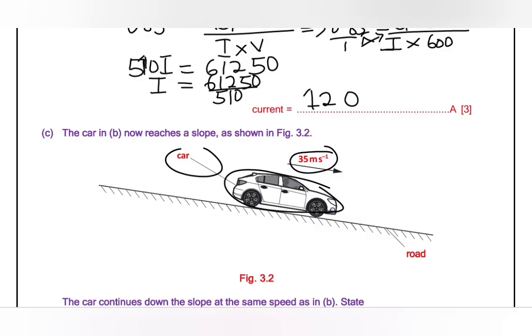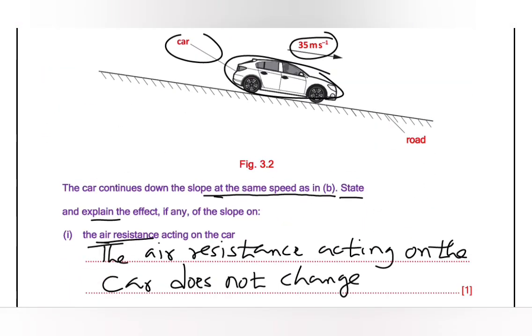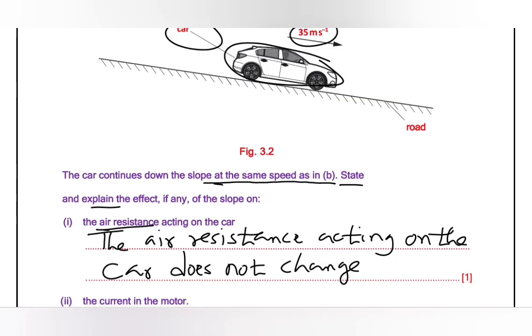This means that the motor does less work to maintain the speed. Therefore, the electrical power required by the motor decreases as the motor does less work.